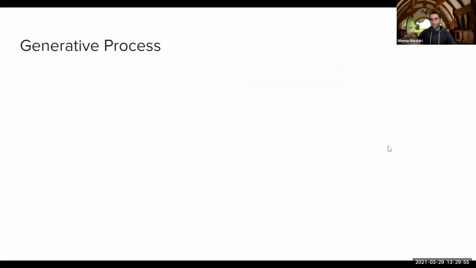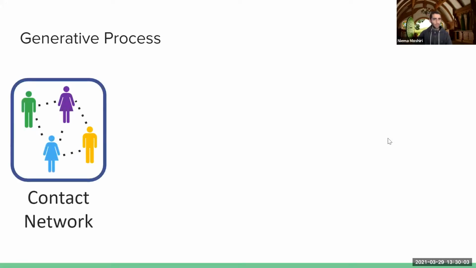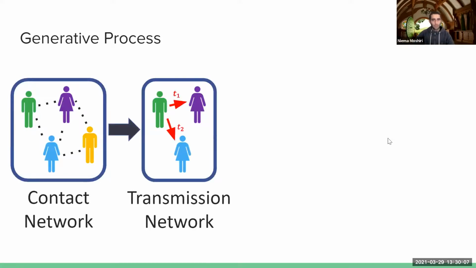But before I get to that question, let's just re-summarize this, what we call generative process, this forward in time process. We can think of it as there's a contact network. And then if you gave me some contact network, there's a transmission network that can happen dependent upon that contact network. So along that contact network, or constrained by that contact network, a series of transmissions can occur.